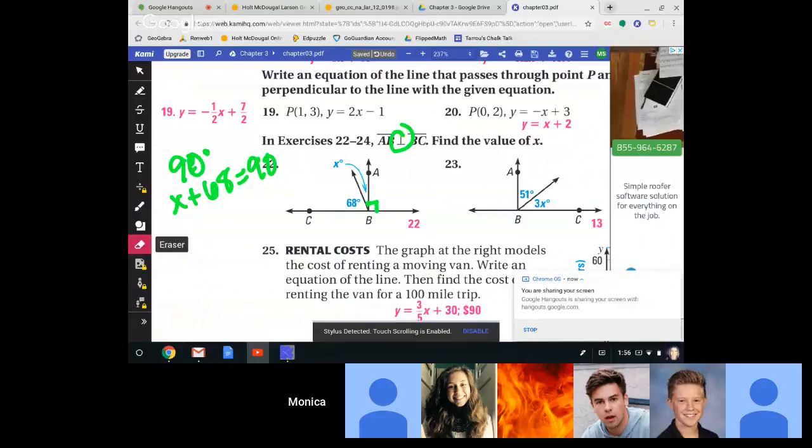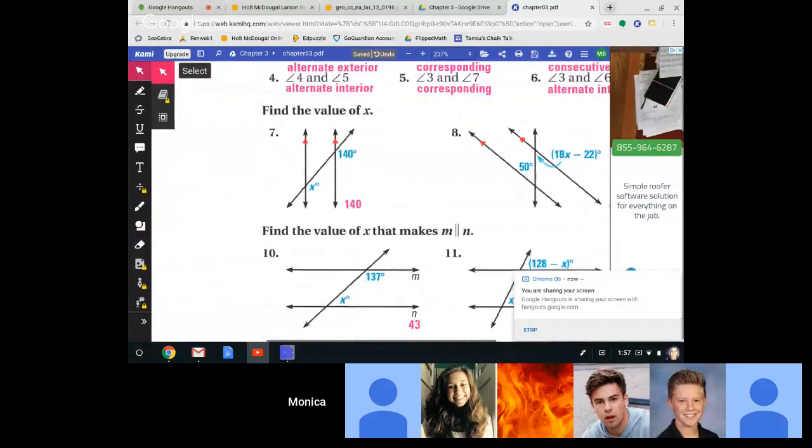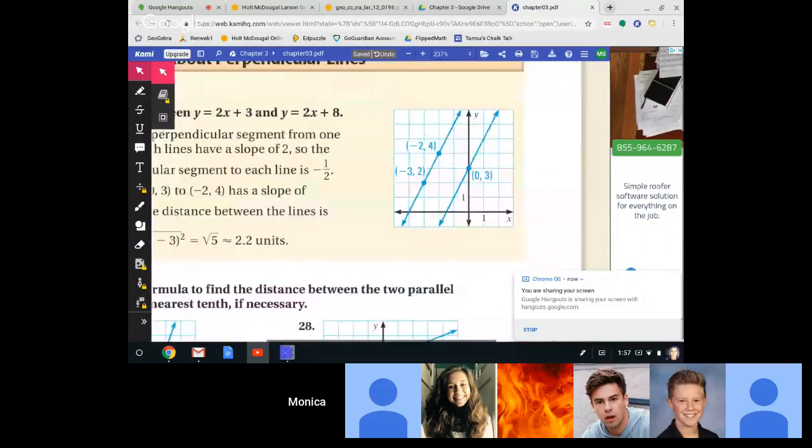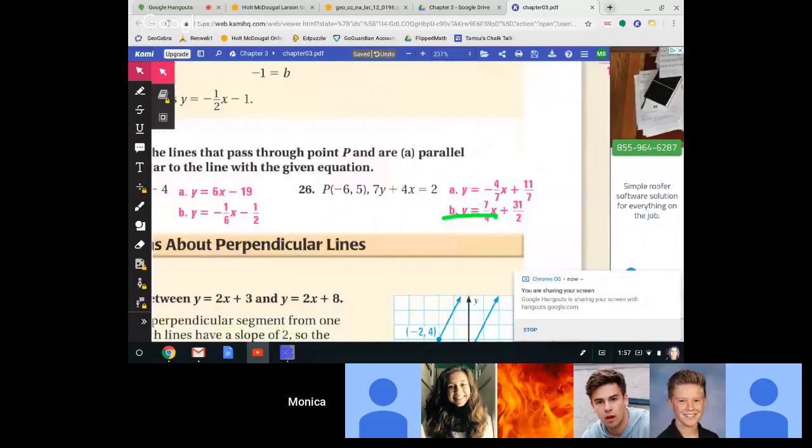Oh, why did it scroll? Sorry. For 26, you're supposed to write the equation of a line that passes through point P and is parallel to the line with the given slope, and then perpendicular also, okay?